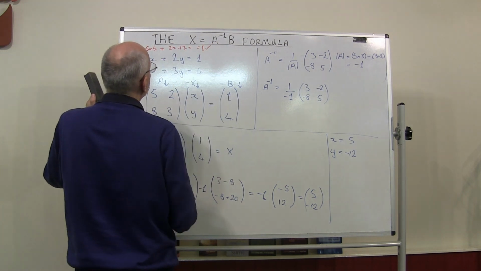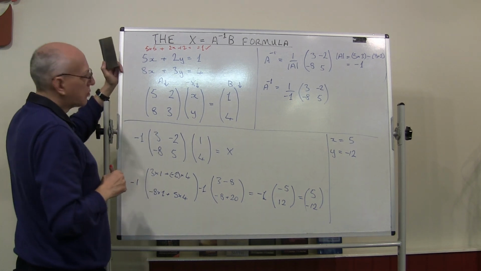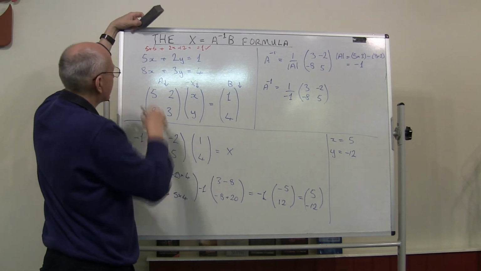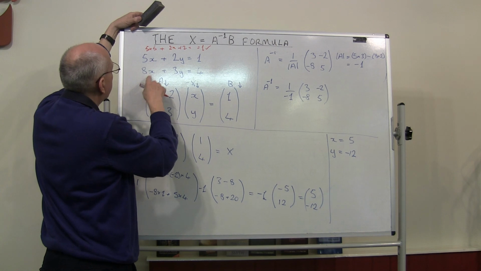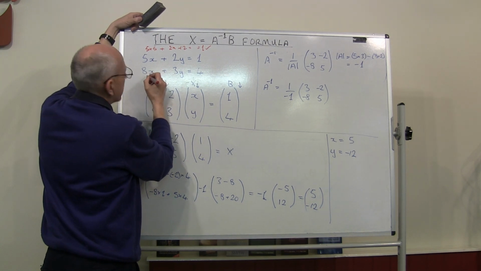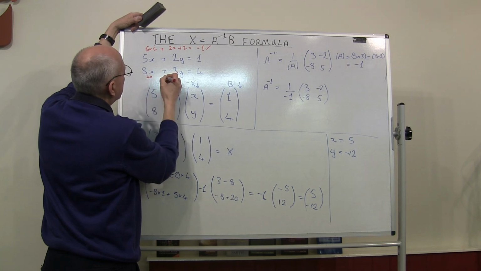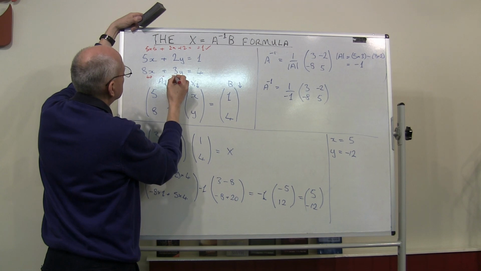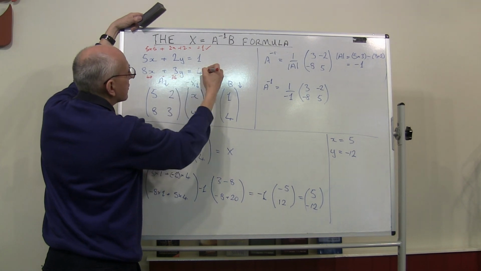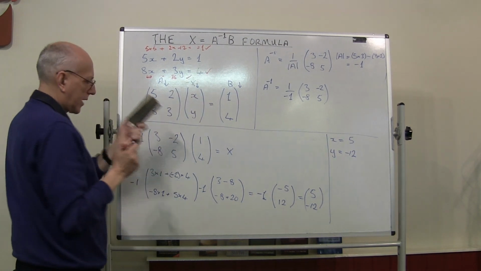So that one's correct. 1's usually enough to make you feel good about yourself, but let's have a look. 8 times 5 is 40, and then that's minus 36. Okay, which is 4. Yeah. Oh yeah. Okay, cool.